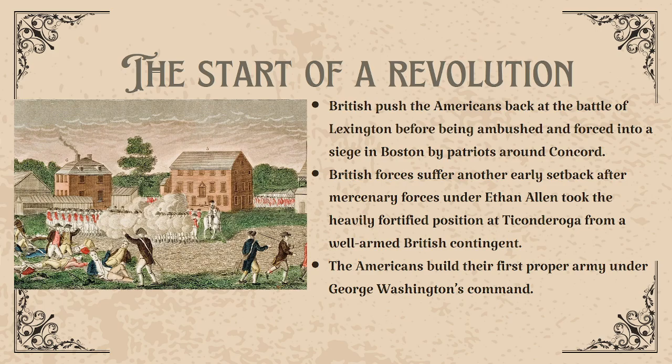The Americans also began to form their first proper army around this time. This is 1776 now, under the command of that very same lieutenant that started the 7 Years' War by complete accident, that being George Washington.